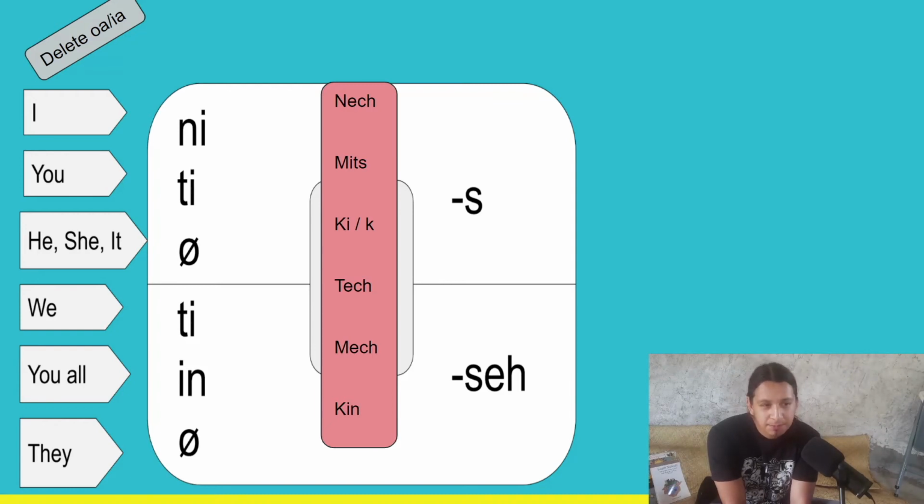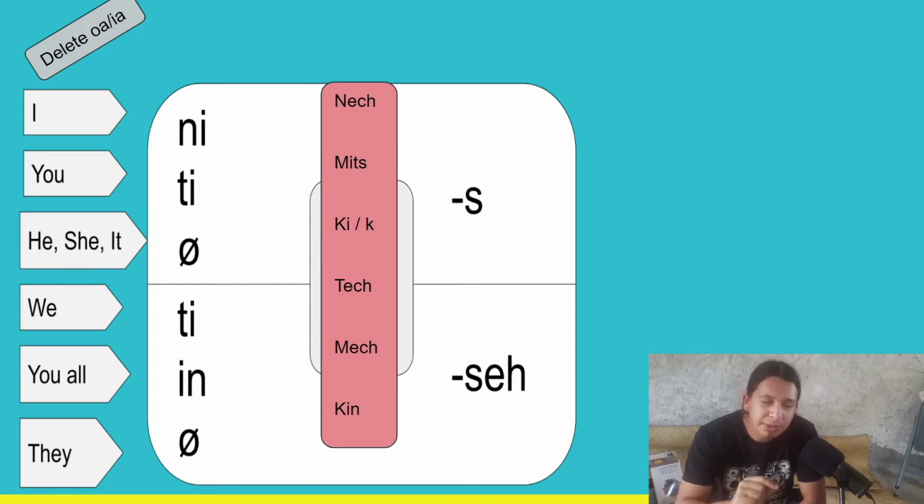Remember we had an H before, as in we are walking, tinehnemi. That H is only for present tense. So for the future tense, it's going to be se in the plural and S in the singular.